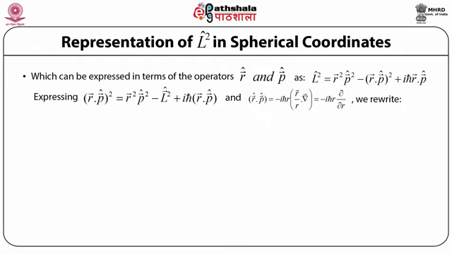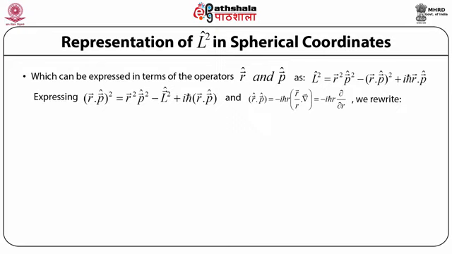and the value of vector R dot vector P turns out to be equal to minus iota times h cross times r times (vector R by R dot del operator), where vector R by R is simply the unit radial vector, dot is the scalar product, and del operator is i cap del by del x plus j cap del by del y plus k cap del by del z, where i cap, j cap, and k cap are the unit vectors along the x, y, and z directions.